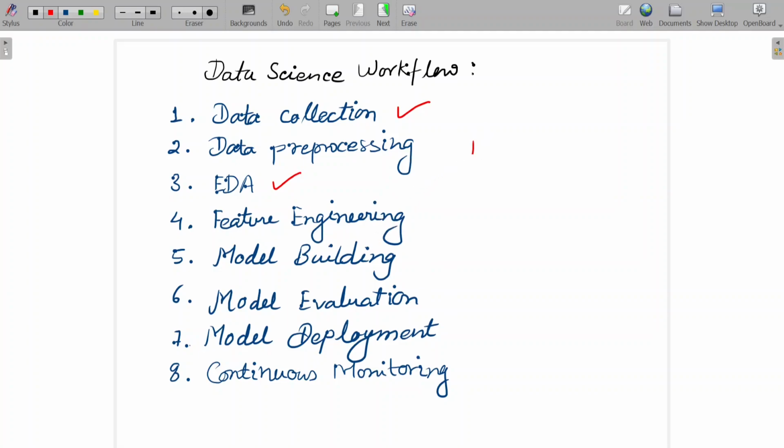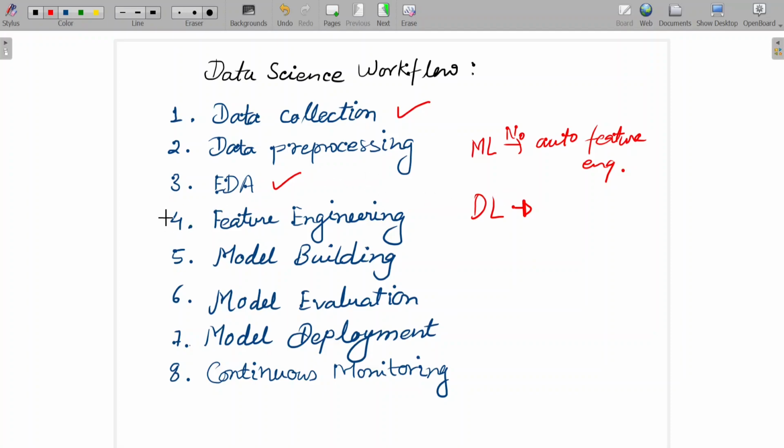Generally in machine learning, there is no auto feature engineering. In deep learning, it will automatically figure out all your features, but in machine learning we have to do it manually.